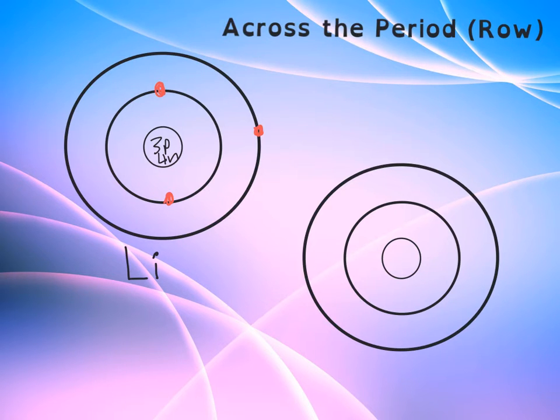When we look at the effect of the nucleus as a whole, so this entire bunch of particles in the center, we have 3 positives hanging out in the center. And those positives are going to attempt to attract these negative electrons as they orbit around the nucleus.